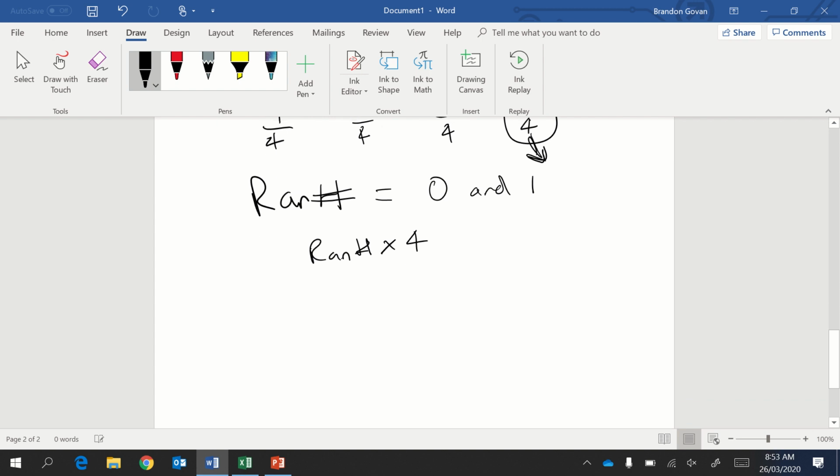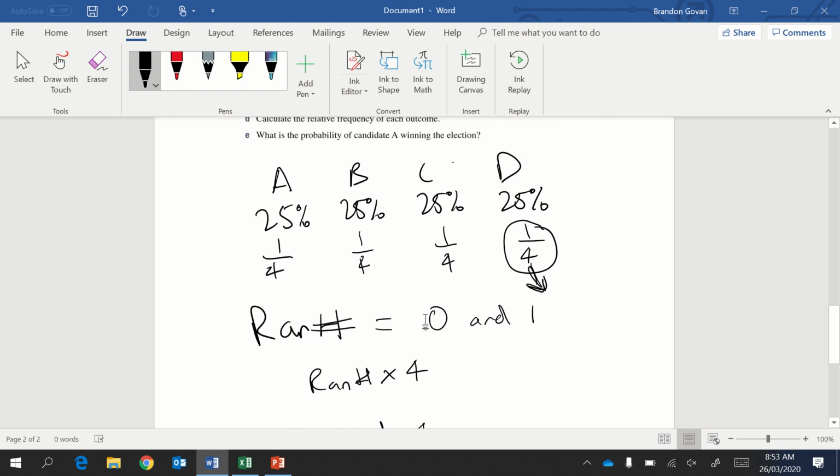And what that's going to do is, that'll spit out now a random number between 0 and 4. So when we get that random number spit out, we're going to assign some of these values between 0 and 4 to each of our candidates.